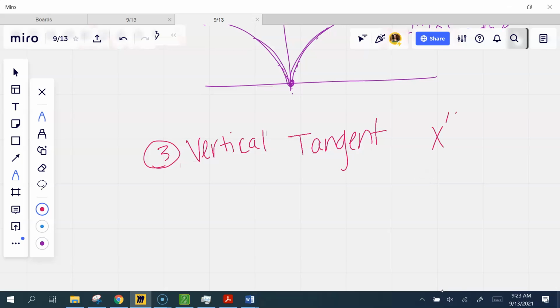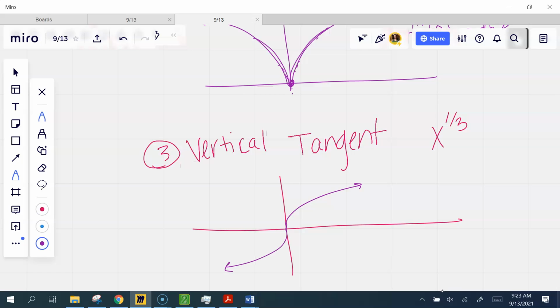Let's think about the cubed root of x. As you graph the cubed root of x, if you really zoom in here, the way the graph kind of looks is more like this. There's this space here where it looks like it almost turns into a vertical line, and it almost does. That's what we call a vertical tangent.